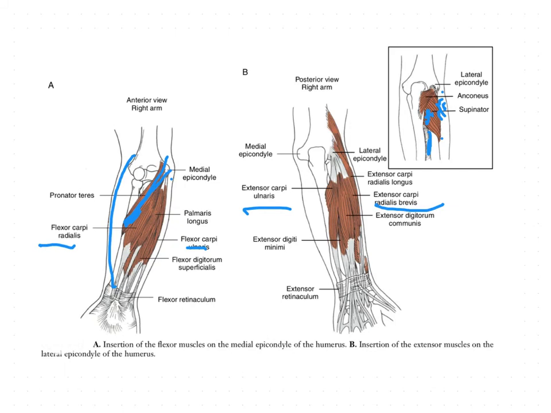And also the anconeus muscle may play a role in supination and pronation. So these are the muscles which are involved in the motions of the radioulnar joint.